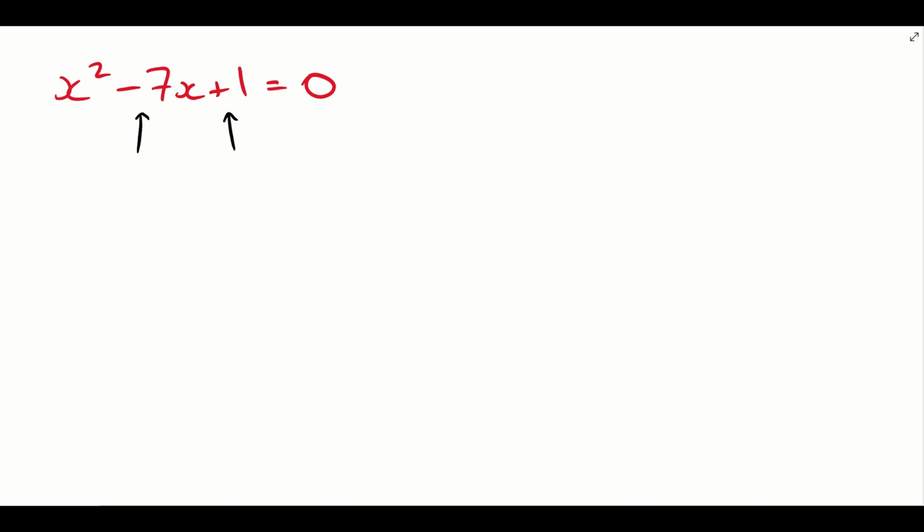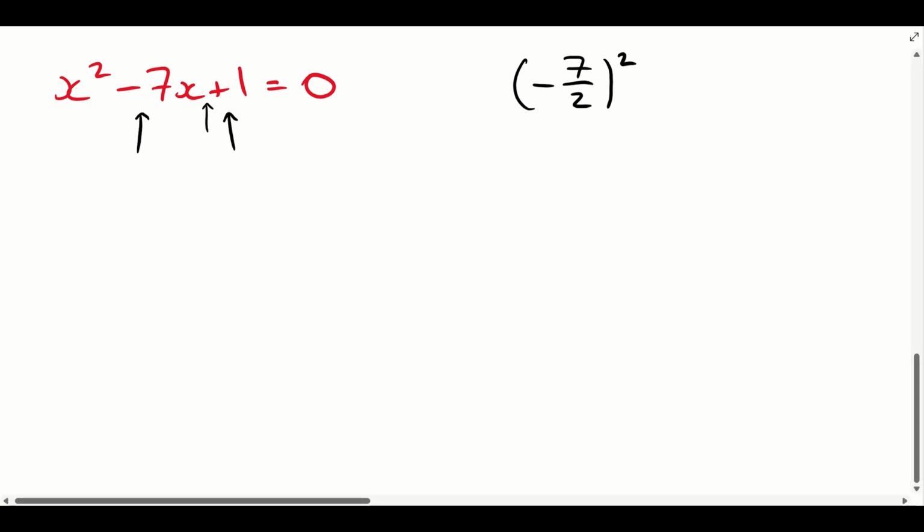So the first thing that we do is we take our minus 7, we divide it by 2, and we square it, okay? And that's going to allow us to pop a number in here that will allow for a nice factorization, a square factorization, which is why it's called completing the square. Now, if we evaluated this, we would get 49 over 4.